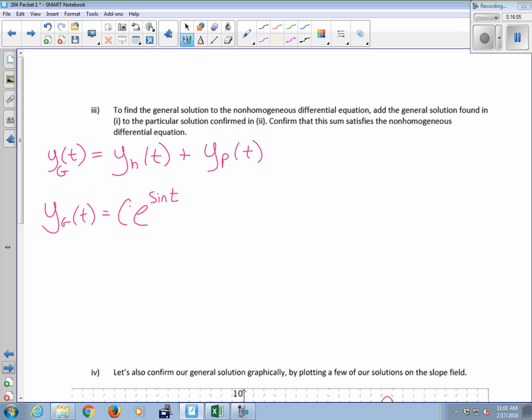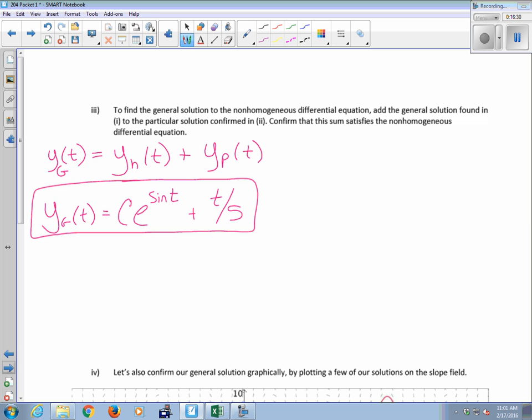That's the part we found in step 1. And then the part we found in step 2 was t over 5. Or we didn't find it, but we confirmed that that was a particular solution. This is a general solution to the differential equation.